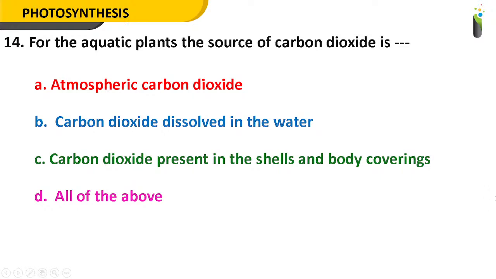Come on, students, answer. Well, the correct answer for this question is B. For the aquatic plants, the source of carbon dioxide is carbon dioxide dissolved in the water.